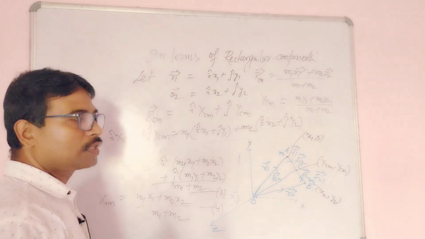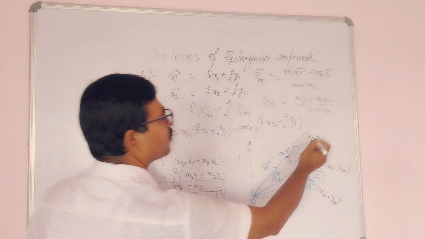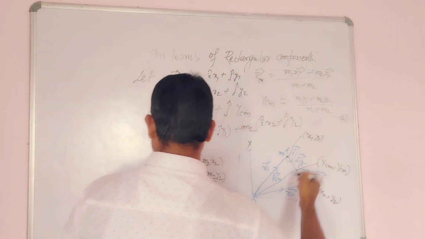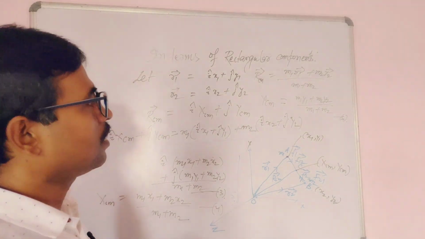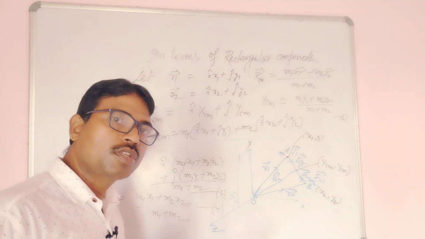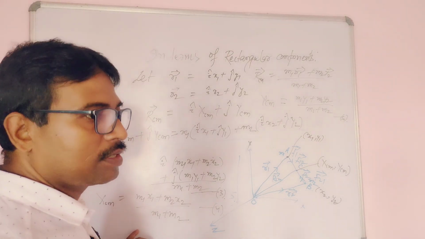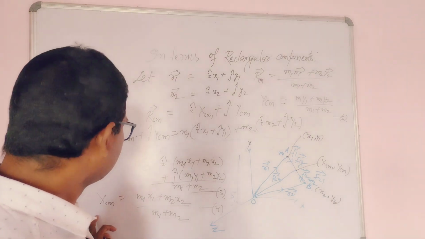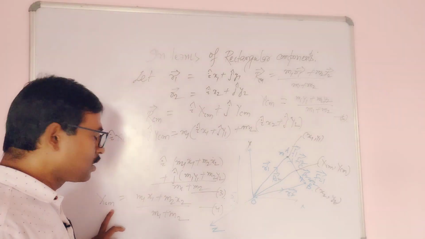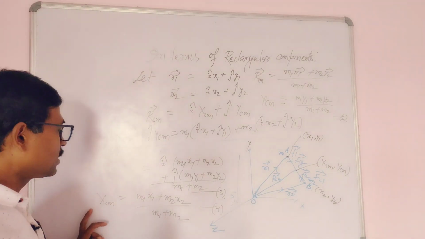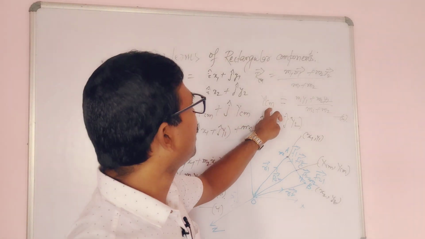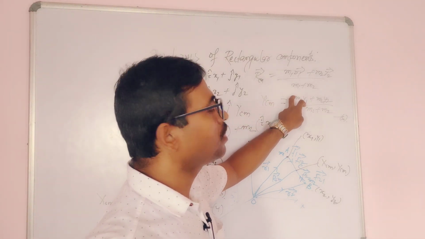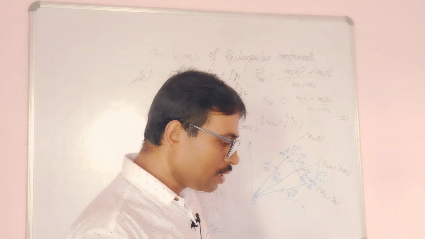Any problem? Remember this for numericals. While calculating the coordinates, along the x axis or along the y axis, you have to write this. Clear? For the center of mass along the x axis, you consider only x coordinates. For the center of mass along the y axis, you consider only y coordinates.